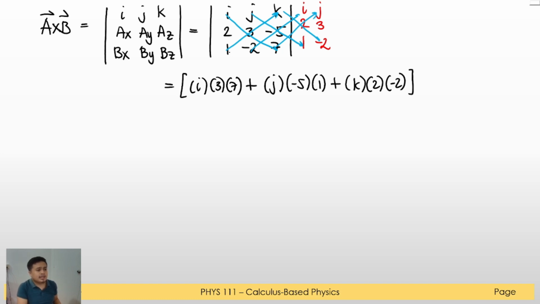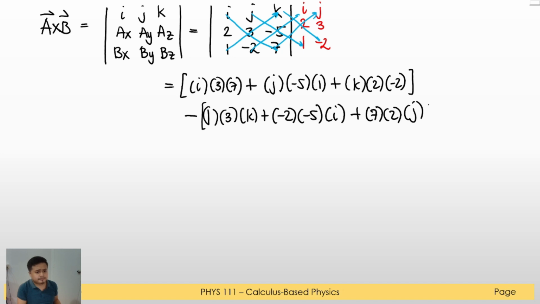And then for the upward diagonals, starting with 1, we have minus, don't forget the minus sign, 1 times 3 times k, plus negative 2 times negative 5 times i, and 7 times 2 times j. Okay, so let's evaluate this.